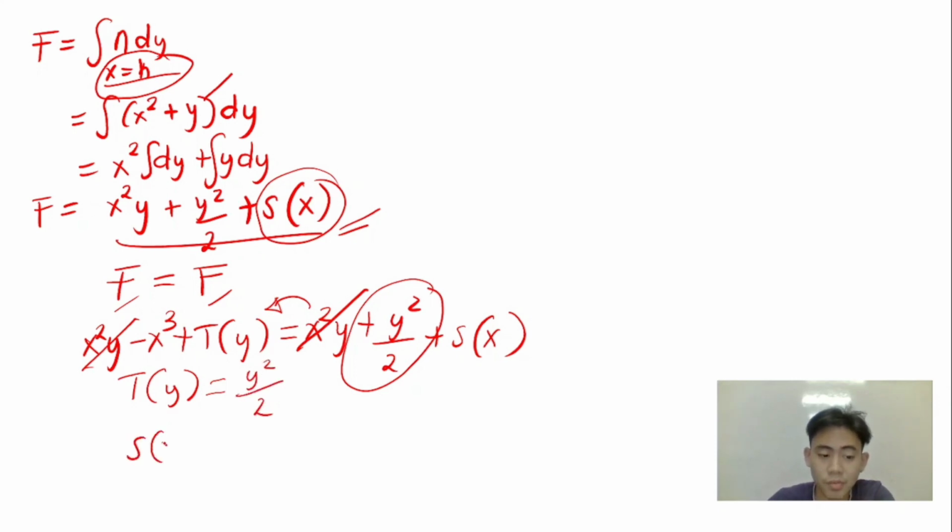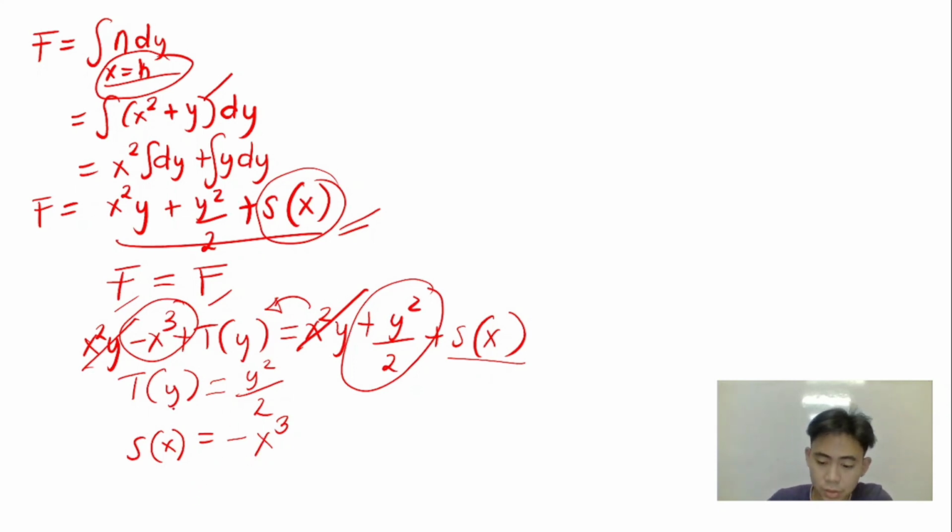So, sa s of x naman natin, ano nga bang s of x natin? So, since ang s of x natin is nasa right side naman siya, titingin naman tayo ngayon ng value niya sa left side. Okay? So, lahat ng may x sa left side is yun yung value ni s of x. So, since negative x cube lang naman, so s of x is equals to negative x cube. So, yun yung value nila.